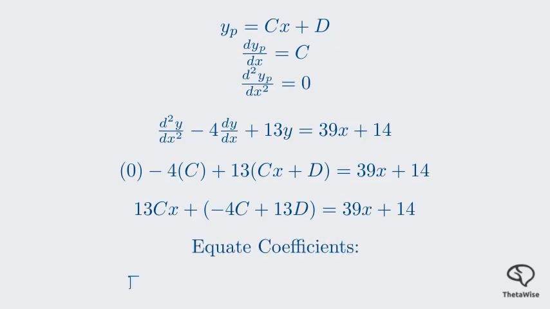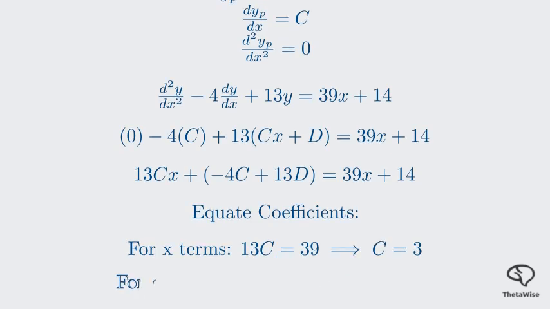First, we equate the coefficients of the x terms. On the left, we have 13c, and on the right, we have 39. So 13c equals 39, which means c equals 3. Next, we equate the constant terms. On the left, we have negative 4c plus 13d, and on the right, we have 14. So negative 4c plus 13d equals 14.